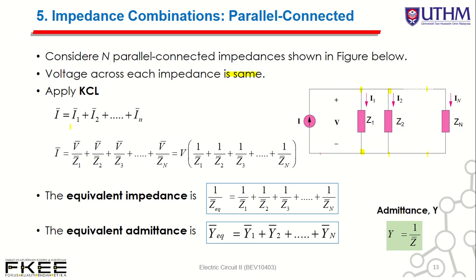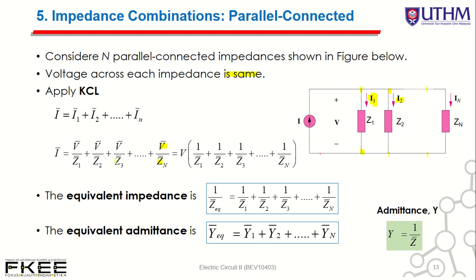So how do we determine I1? By using Ohm's law, V over Z1. I2 equals V over Z2. Similarly, In equals V over Zn.